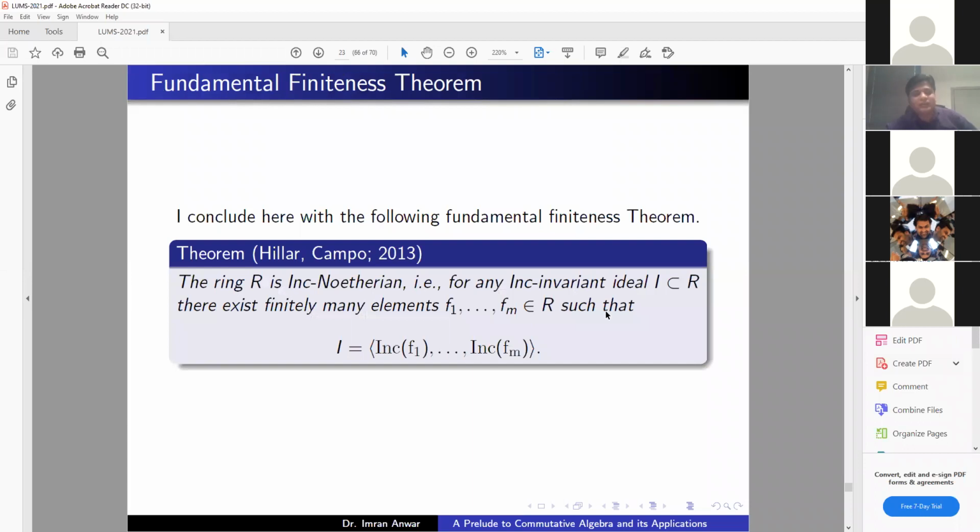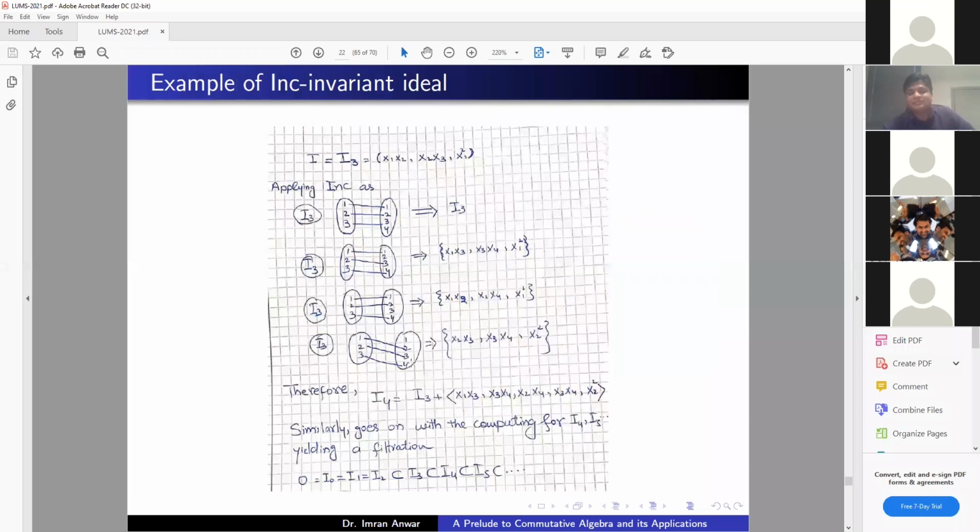I conclude this talk here with the following fundamental finiteness theorem, which was given by Hillary Kampe and published in 2013. And this says that the ring R is inc-Noetherian. Now you understand sym-Noetherian and inc-Noetherian. That is, if there is any inc-invariant ideal in R, there will be finitely many elements F1 to Fm in R, such that you can generate this ideal by applying inc time and time and time again, the way I was doing it.